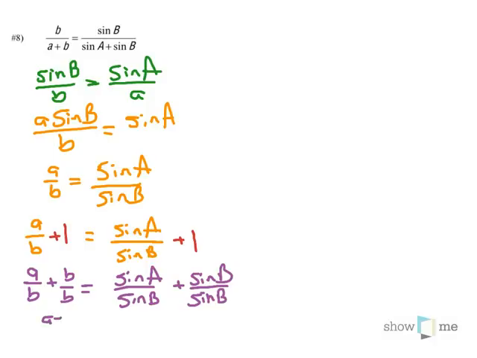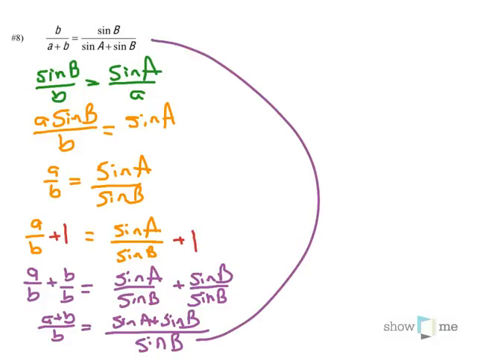Then when I add these, I get a plus b over b equals sine of a plus sine of b over sine of b. If you compare that to what we're trying to prove, we are so close. And yet we're not. Unfortunately, we got a little bit of work to do.